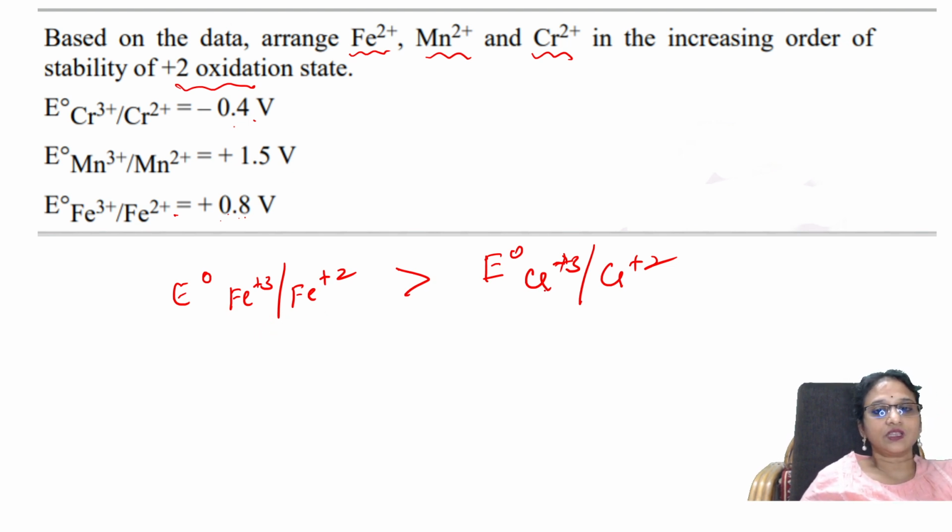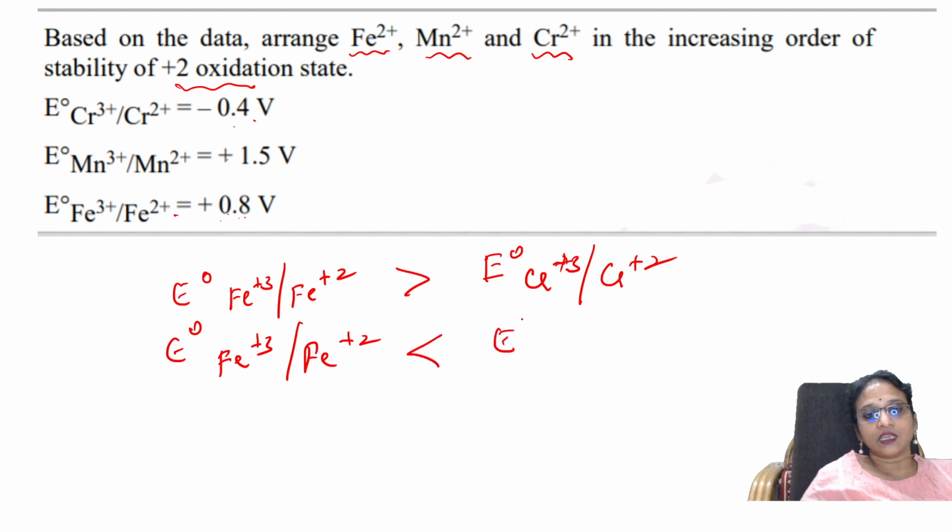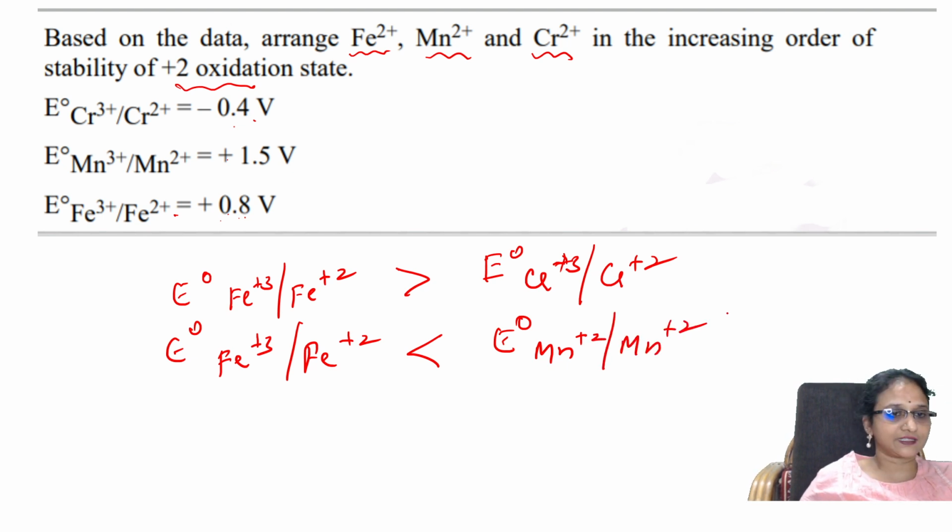When I compare with Mn, the electrode potential value of Fe3+/Fe2+ is less than that of Mn3+/Mn2+. Am I right, students? Yes. So which one is easy? Reduction of Fe3+ is easier than reduction of Mn3+, because this value is lesser than the Mn value.